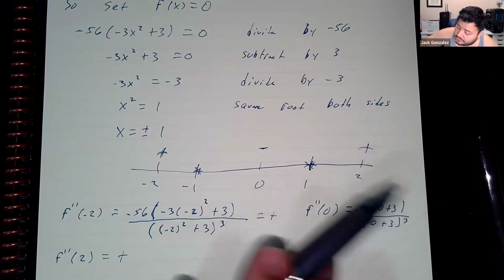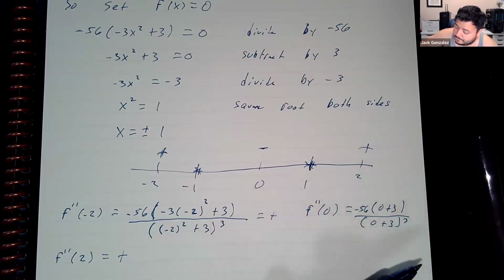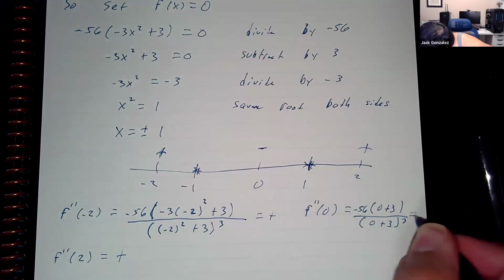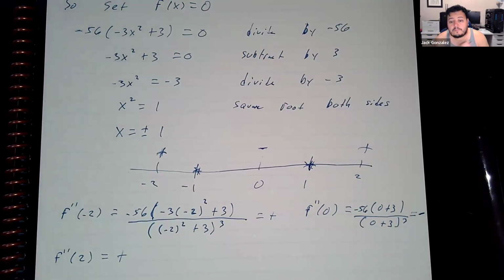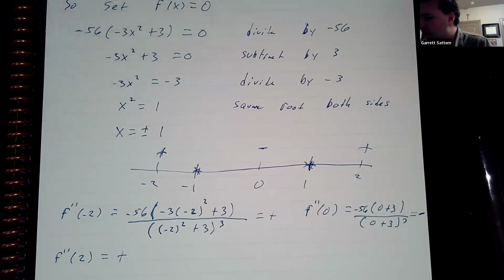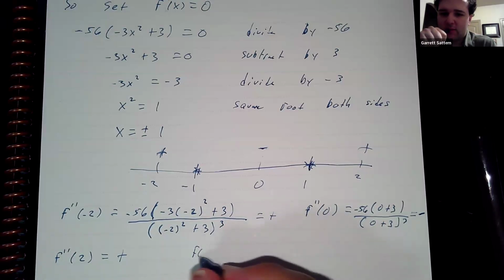So what does the second derivative test tell us? What were we doing again? We were trying to find the open intervals in which the graph concaves down. So that means it concaves down at 0.